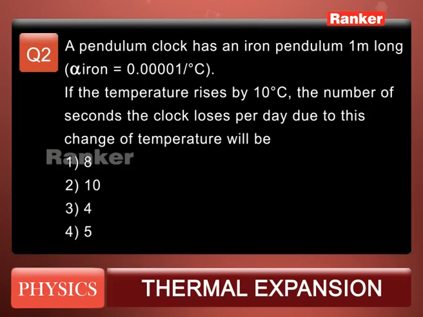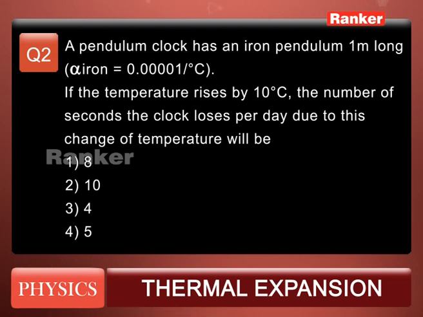Question number 2. The question is this: a pendulum clock has an iron pendulum 1 meter long, and the expansion coefficient of iron is given as 0.00001 per degree Celsius.